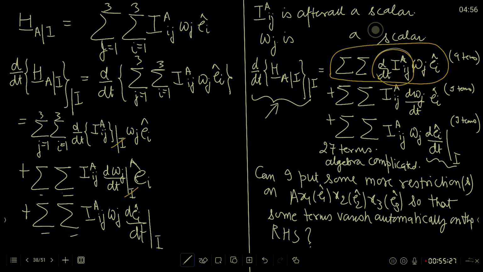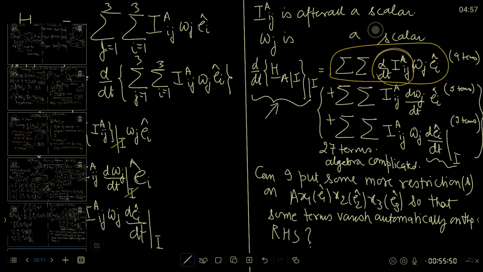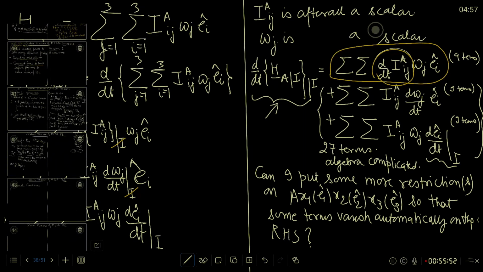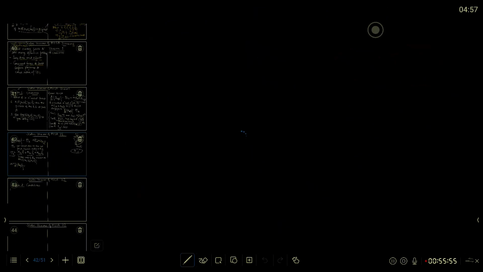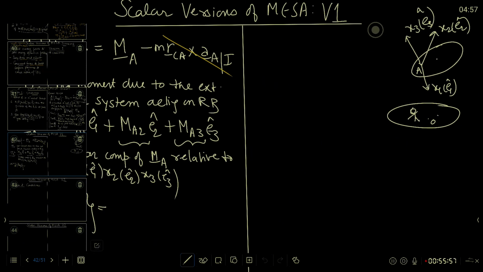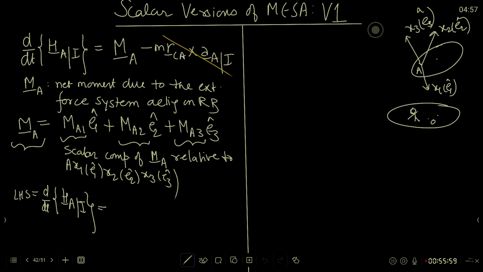If I fix the coordinate system to the body, the yellow box term is gone and I'm left with two more double summations, and those two double summations are actually accounting for 18 terms. So those 18 terms will be there. We'll take a break. After 2 minutes, let me complete this slide I want to write here.